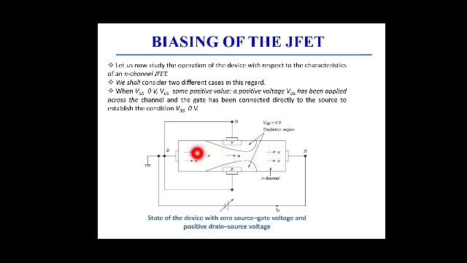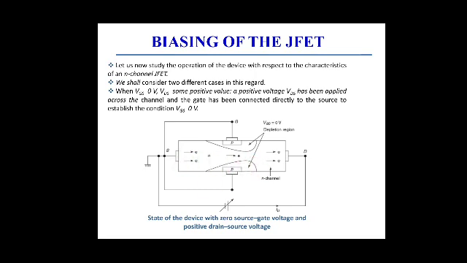So the biasing is done in such a way that the negative terminal of the battery is connected to the source and the positive terminal of the battery is connected to the drain. The negative terminal at the source will repel the electrons, and the positive voltage applied at the drain will attract the electrons. Due to this, electrons will flow from source to drain.